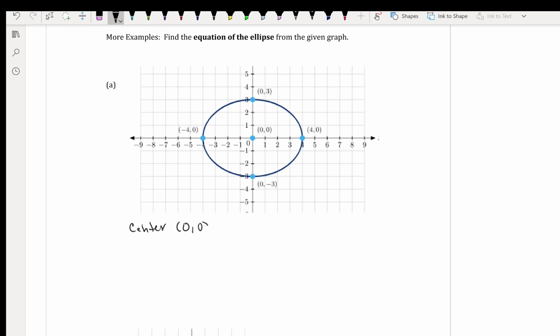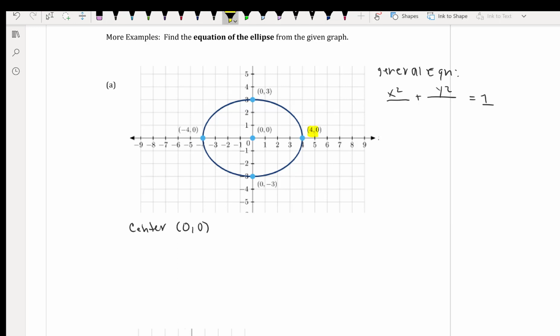I also know that the general equation that I'm looking for is my x squared over something and my y squared equal to 1. Now, the denominator is either going to be an a squared or a b squared. But I'm going to determine that from the graph.